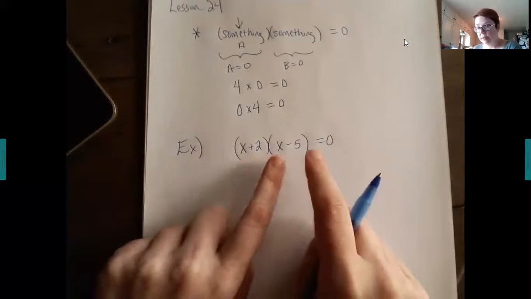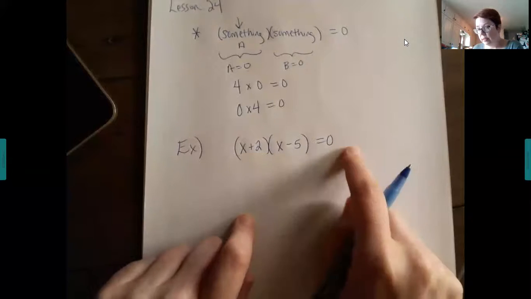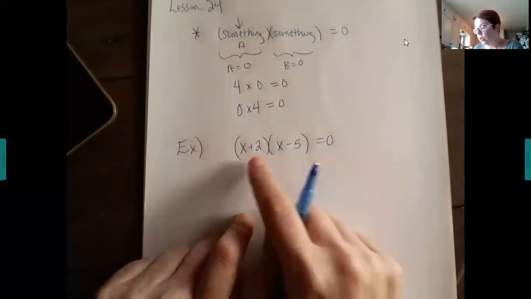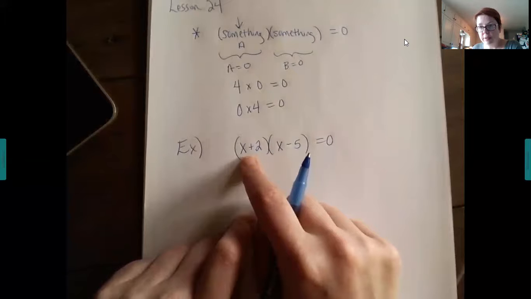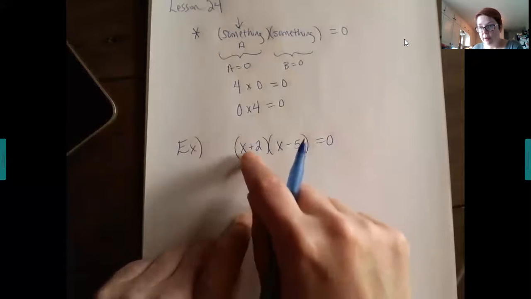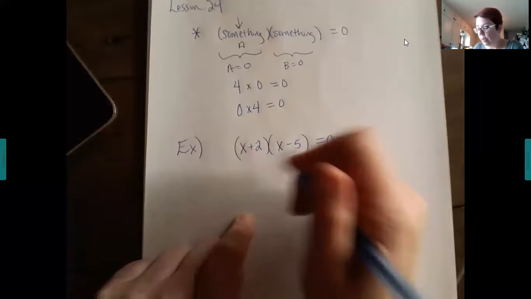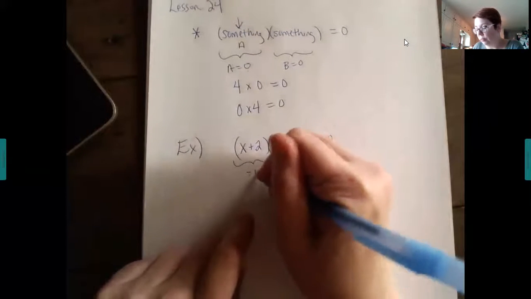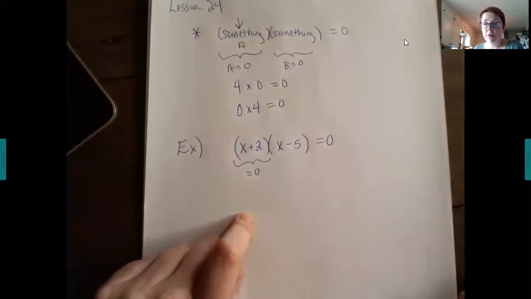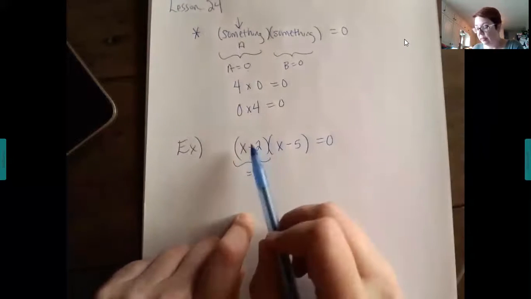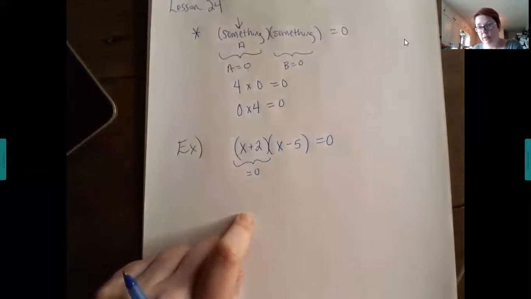It's something times something, and it's then equal to 0. So what that means is that there's a value here that x can be, that if I put that in, it would make all this equal to 0.